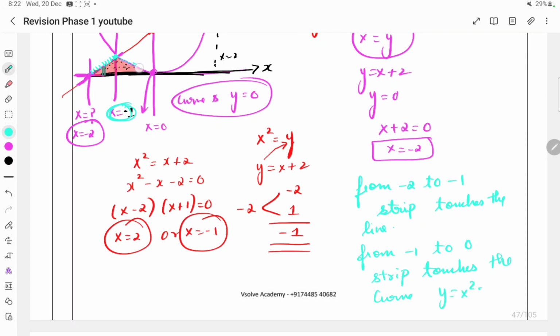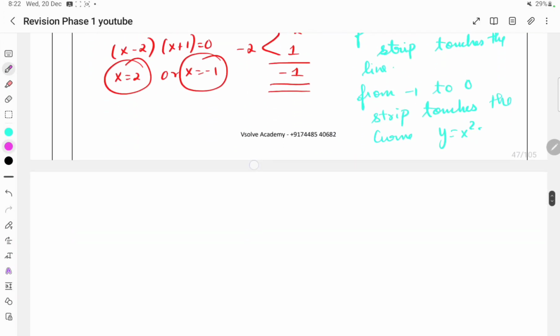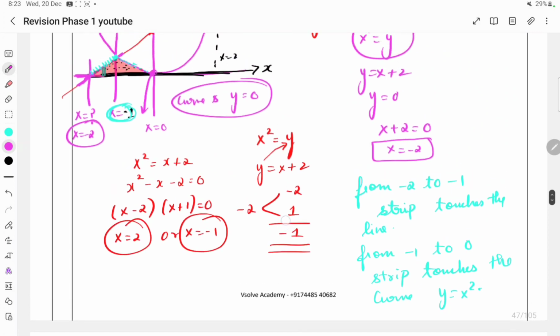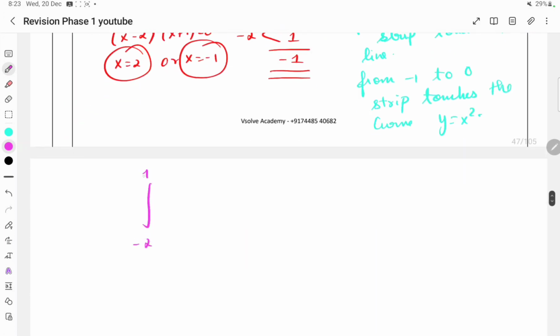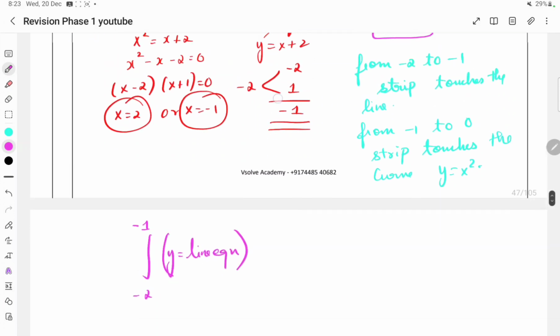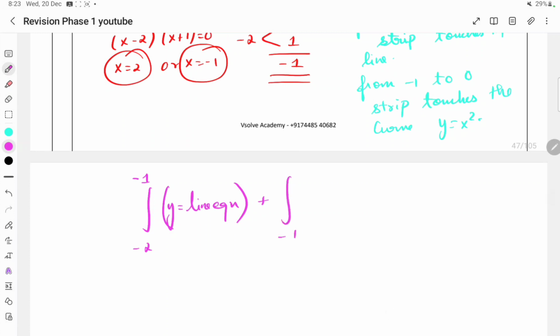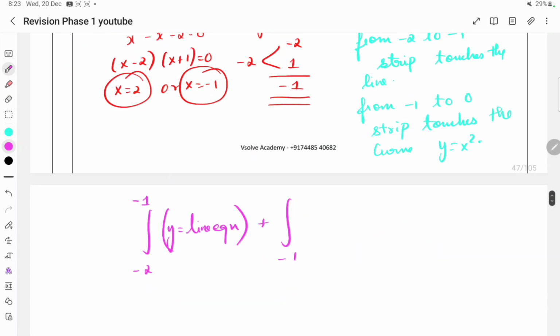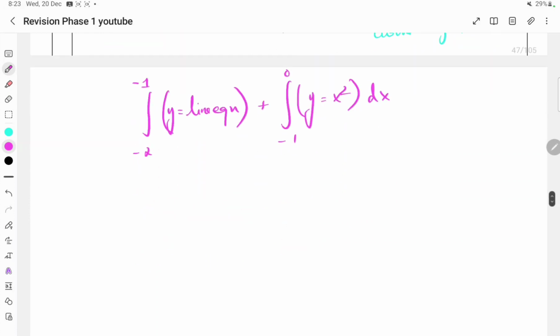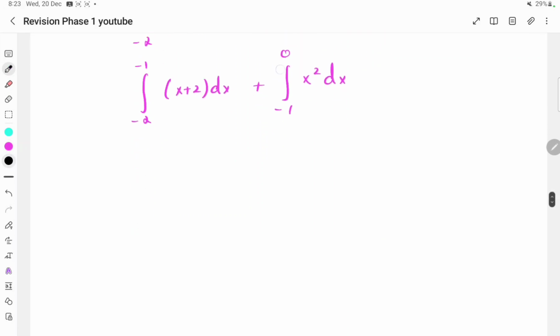So from minus 2 to minus 1 we have to write the line equation, plus from minus 1 to 0 we have to write the curve equation, which is y equal to x square dx. So this part only we have to calculate. Minus 2 to minus 1, the line equation was x plus 2, plus minus 1 to 0, x square dx. If we calculate this, this will be our final answer.